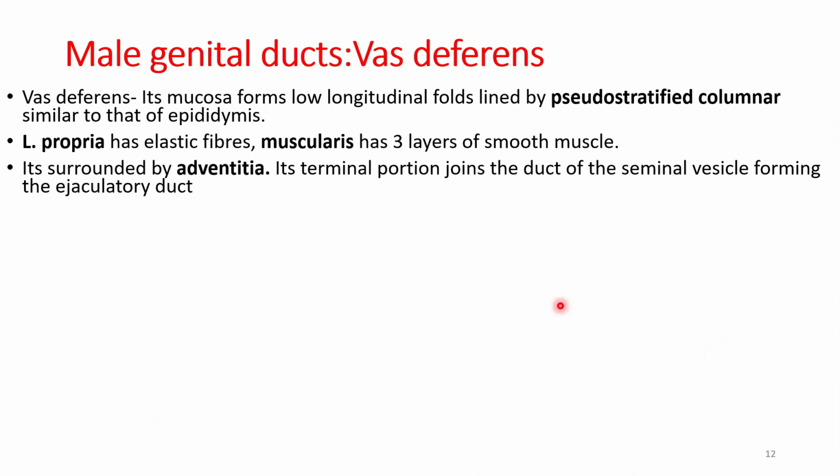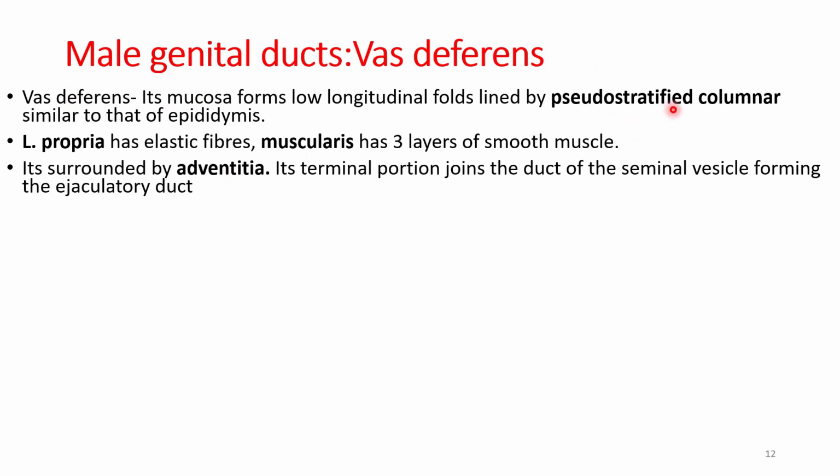This vas deferens of ours will contain various layers. It will contain a mucosa, which has epithelium and a lamina propria, and then you'll have a muscular part and an adventitial part. Remember, the vas deferens is coming from the epididymis, so its epithelium will be almost similar to that of the epididymis.